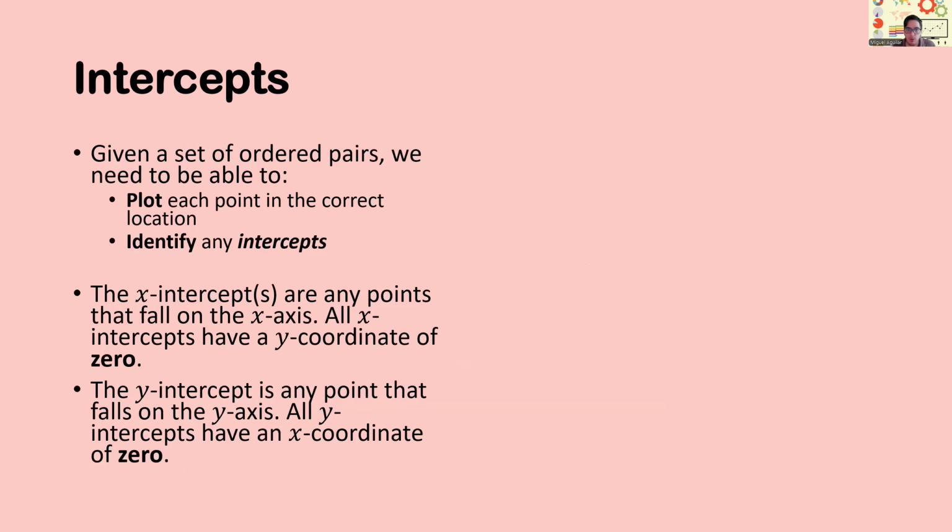Okay, no questions. Some more definitions for you then. If we're looking at a graph, then sometimes there are special points that we have to pick out and be aware of, right? And those points that are really important for most functions or most graphs are called intercepts, okay? And there are two types of intercepts. You have x-intercepts, which are any point that falls on the x-axis, okay?